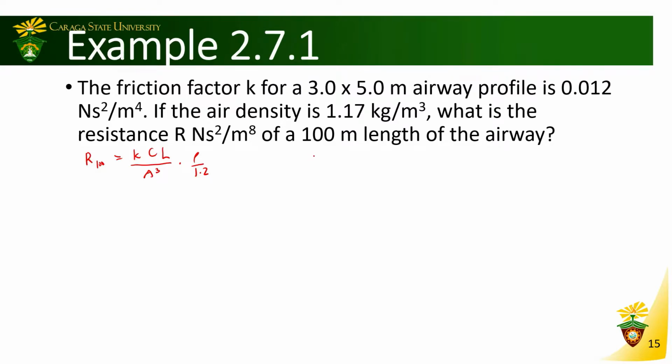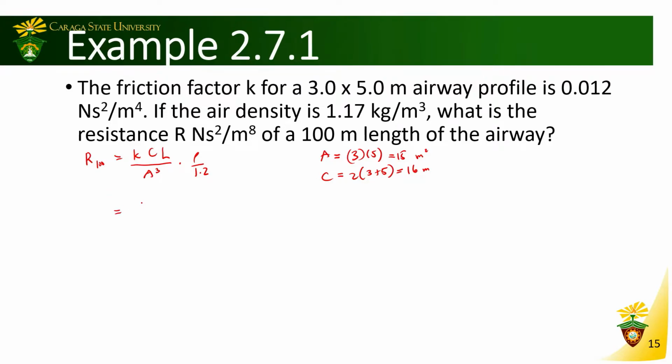The area is equal to 3 times 5, which gives us 15, and C is equal to 2 times (3 plus 5), which is equal to 16 meters. Area is in square meters.